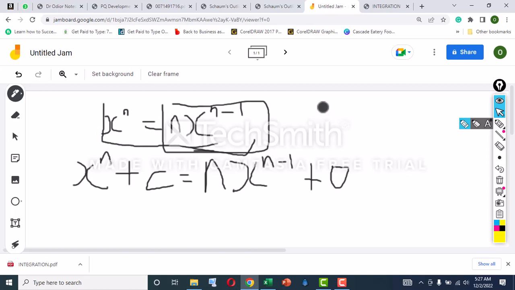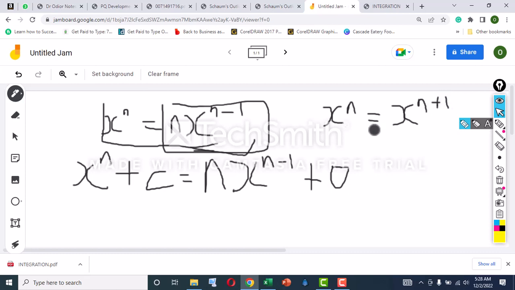Integration also follows a general formula, which is for x raised to power n. When you are given x raised to power n and you are told to integrate this, the general formula is simply x raised to power, remember, in differentiation you are always minusing 1, but here you are going to add 1. You are going to have x raised to power n plus 1.